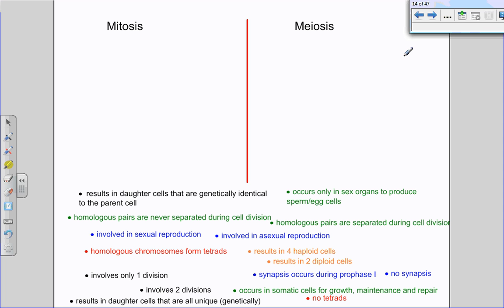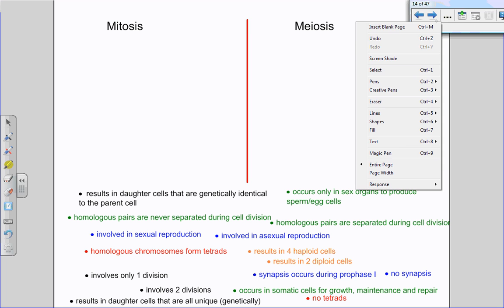They both involve the phases: prophase, metaphase, anaphase, telophase. They both involve single replication of DNA. Just think of different things that they have in common. There's lots of them that you could list. We're going to look at their differences in this particular activity.